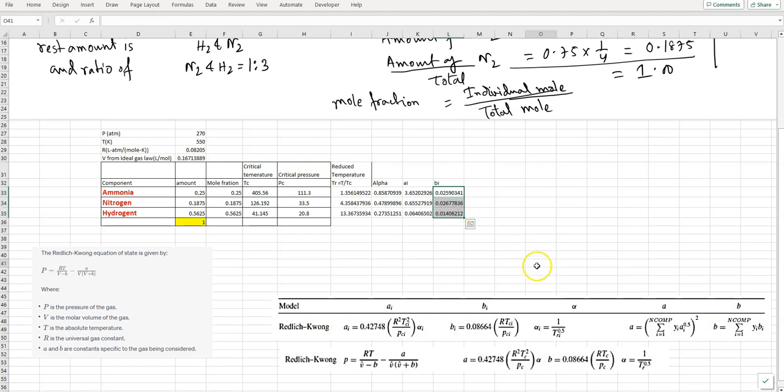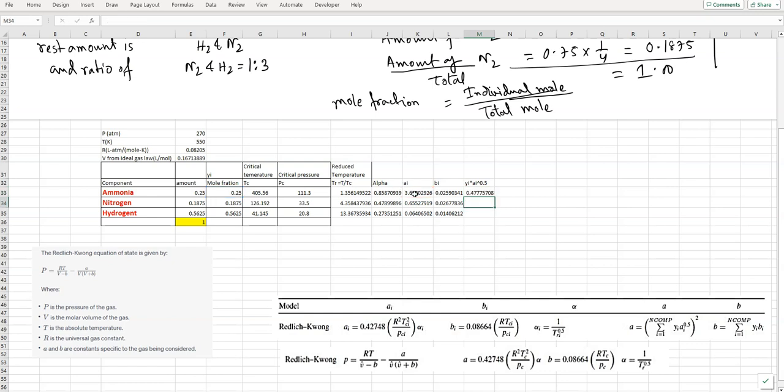Finally, now we have to calculate A, which is equal to the summation of yi ai to the power 0.5, whole squared. So first we are going to calculate yi into ai to the power 0.5. yi is here, and that is equal to yi into ai, already got that, to the power 0.5.